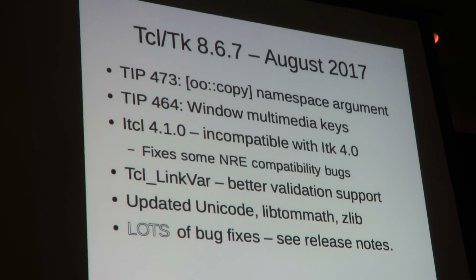Whereas prior it would have thrown an error. That's very iffy, vaguey kind of description, but that's the sort of change that went in. So if you're a user of link var and you haven't moved to 8.6.7 yet, be aware that's something to be on the lookout for.